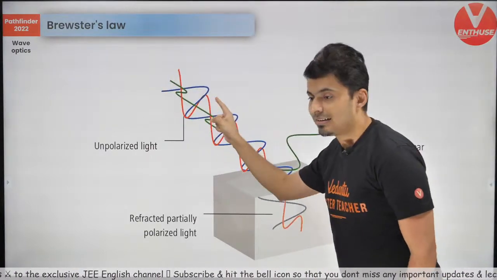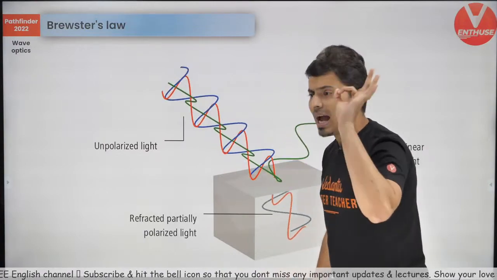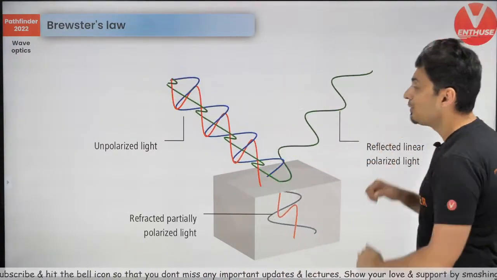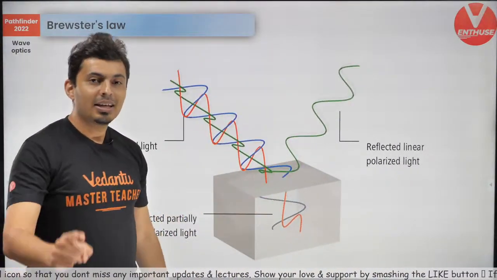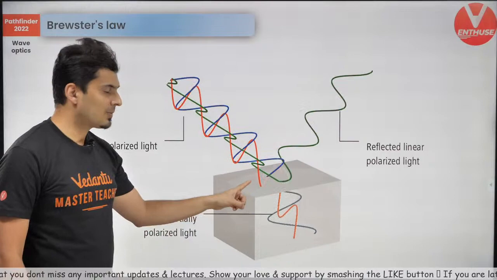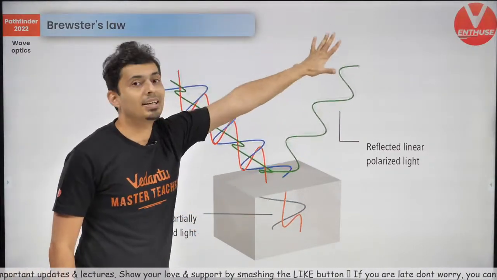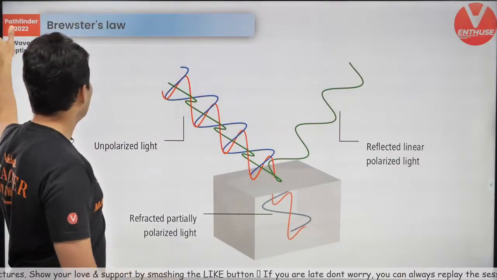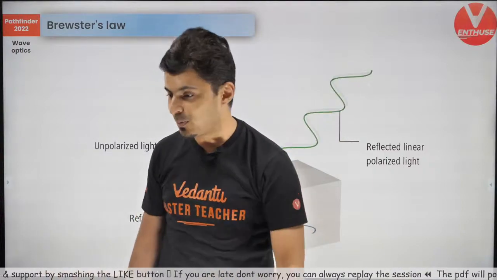If you make that light fall at a certain angle, you will see that the light which is reflected will be polarized. And that angle at which you make the light fall so that the reflected light is polarized is called Brewster's angle. Very important.